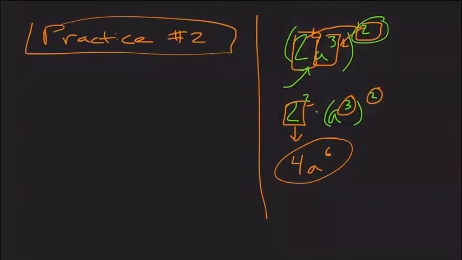Let's say we have... we'll use an exponent of 2 on the outside again so that things don't get too tricky just yet. So go ahead, let's pause the video here and try this one out.